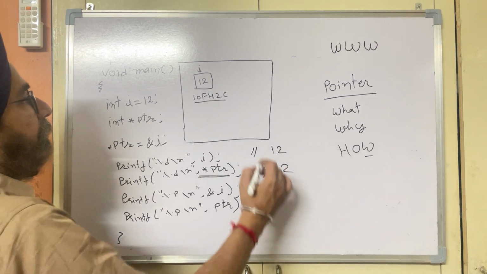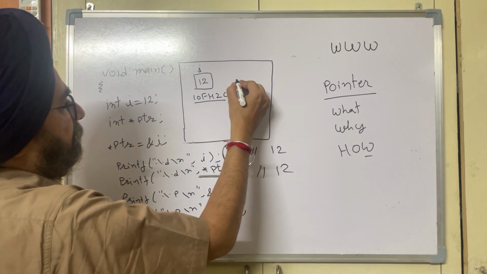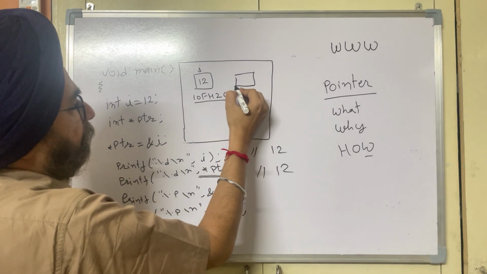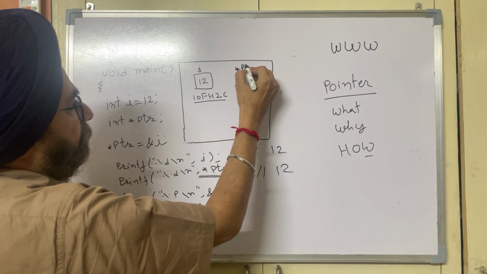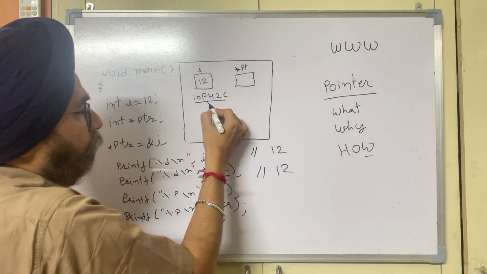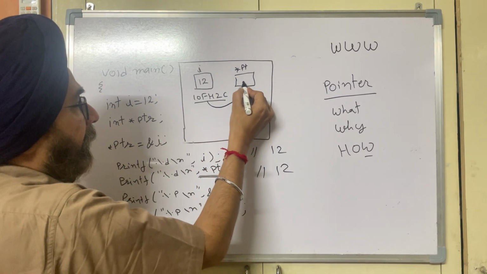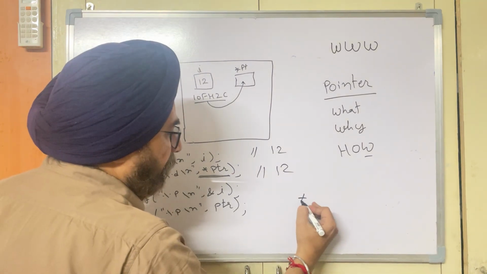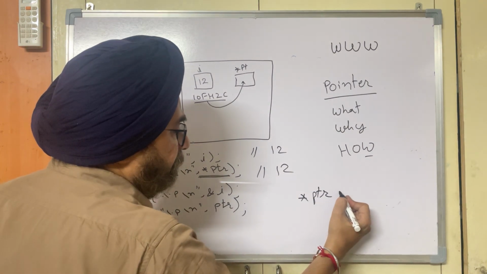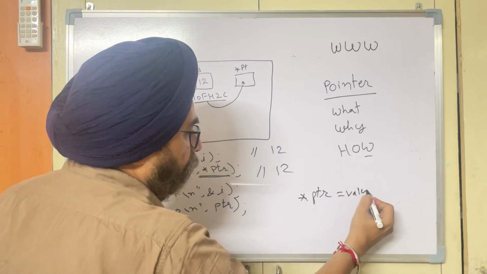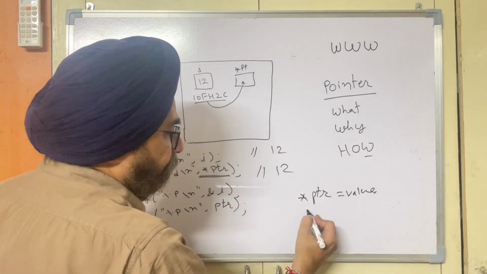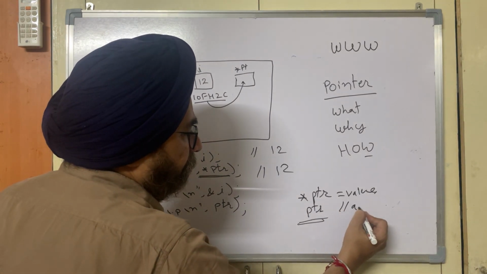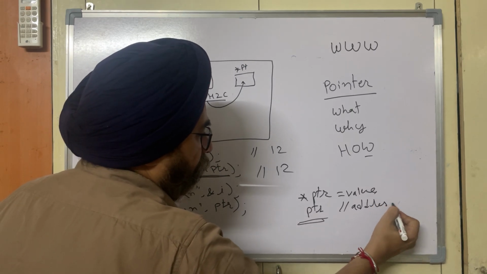How? Suppose I represent it in such a way: the ptr variable is also made, and it holds the address of I. And when we give asterisk ptr, it represents the value of the variable. And if we work with ptr, it gives the address of the value.